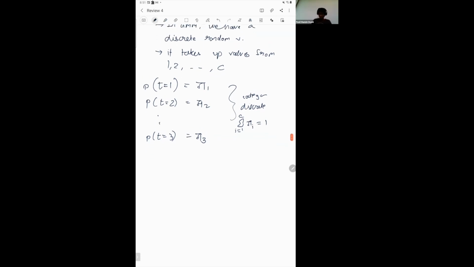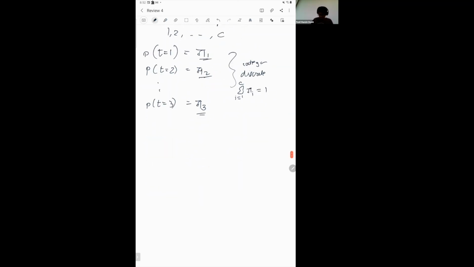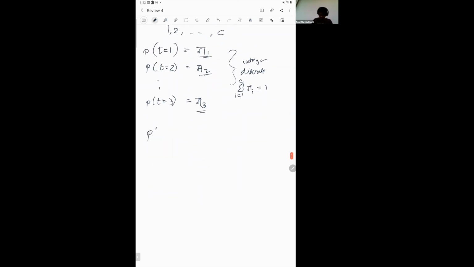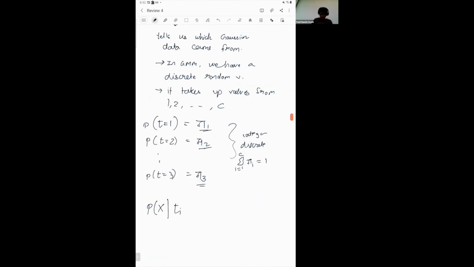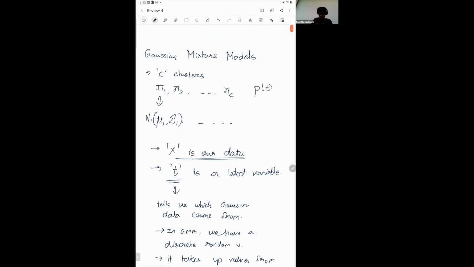So we have our prior distribution defined. We don't know the values pi 1, pi 2, pi 3, but we have our prior distribution defined for us. In all the theory that we'll go through in latent variable models, P of T and P of X given T are modeling assumptions.